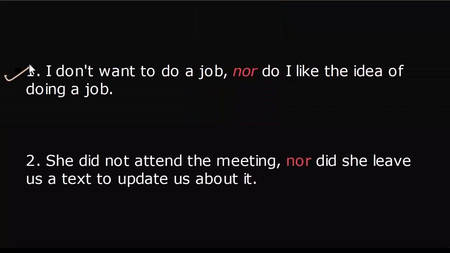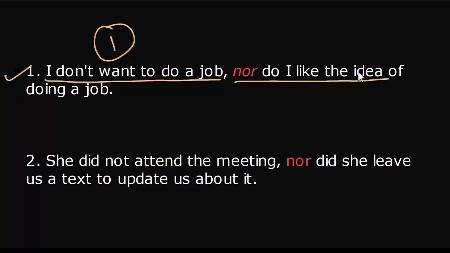Example number one: I don't want to do a job, nor do I like the idea of doing a job. I don't want to do a job is the first piece of information, the first independent clause. Nor do I like the idea of doing a job is my second independent clause.